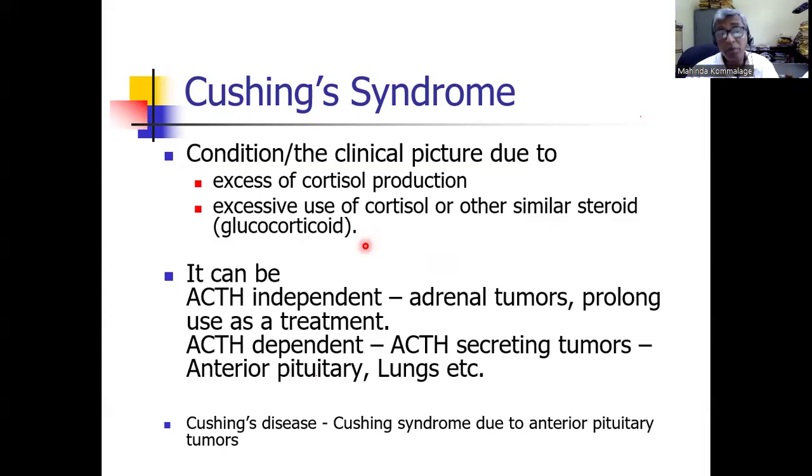The cortisol secretion can be due to a pituitary problem with increased ACTH, or a pituitary-independent adrenal cortical tumor that produces cortisol. These are possible.